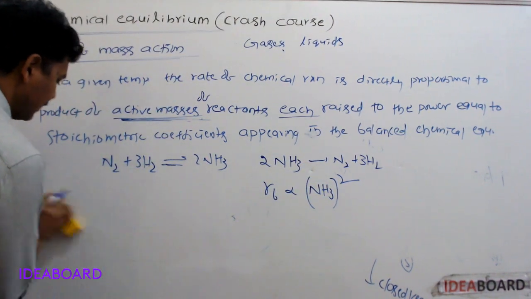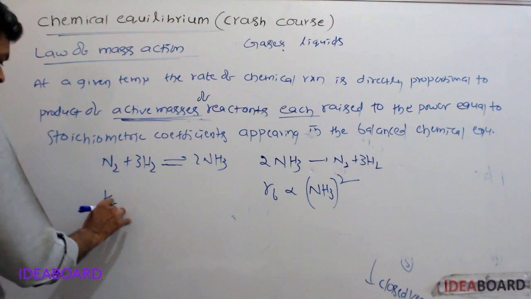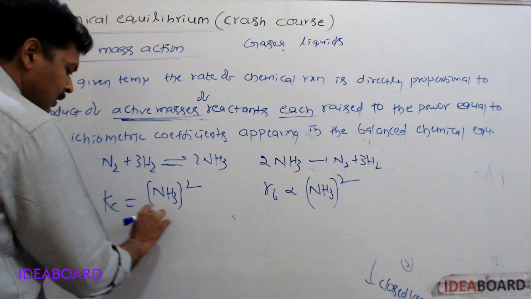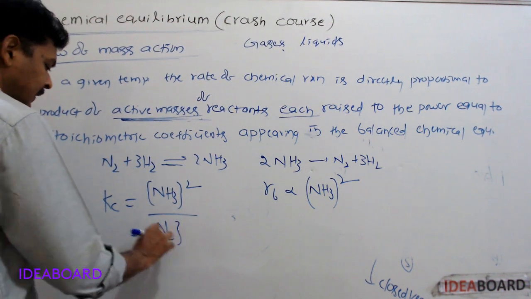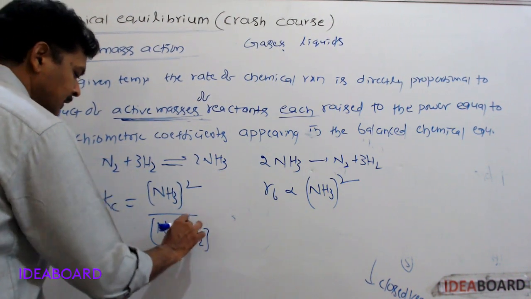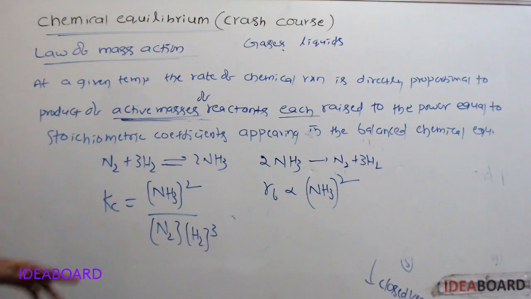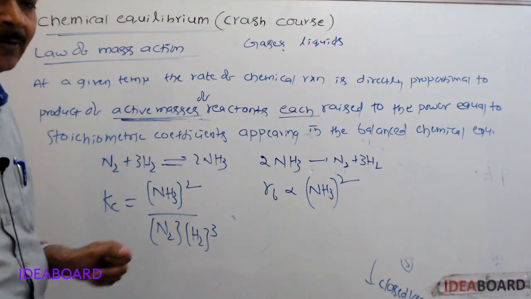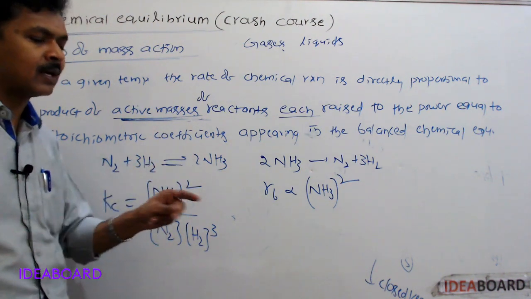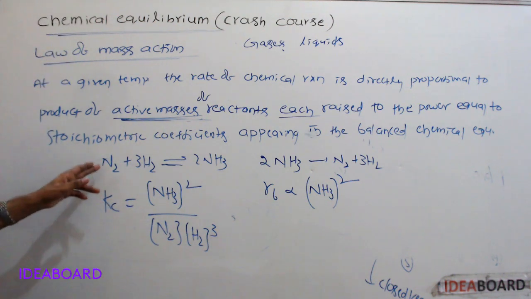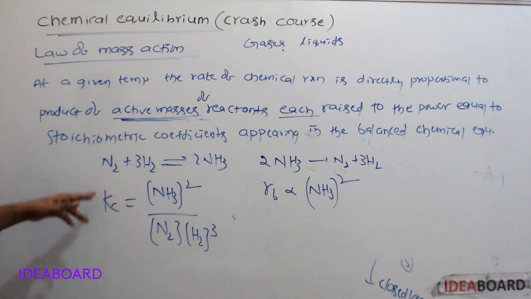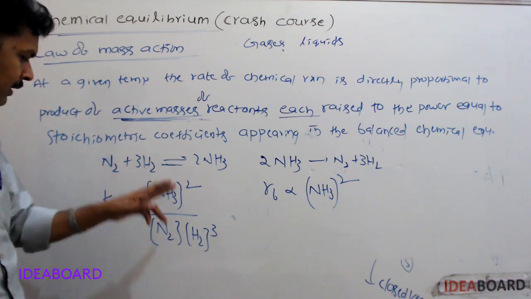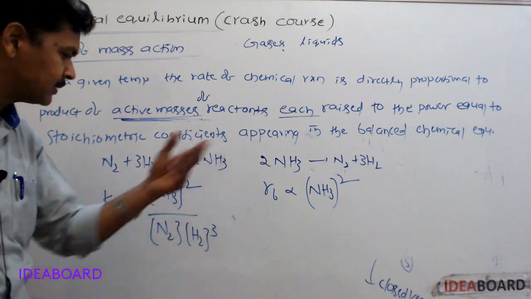After applying the law of mass action, Kc is equal to NH3 concentration square divided by N2 concentration into H2 concentration power 3. Kc is equilibrium constant in terms of molar concentration, or concentration equilibrium constant.